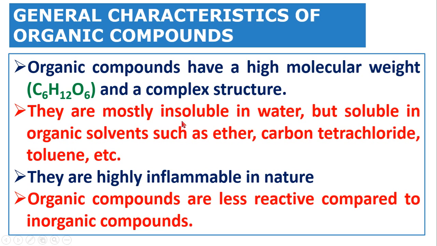They are mostly insoluble in water, H2O, but soluble in organic solvents such as ether, carbon tetrachloride, CCl4, toluene, C6H5CH3, etc. And they are highly inflammable in nature. Organic compounds are less reactive compared to inorganic compounds, for example, ammonium nitrate.